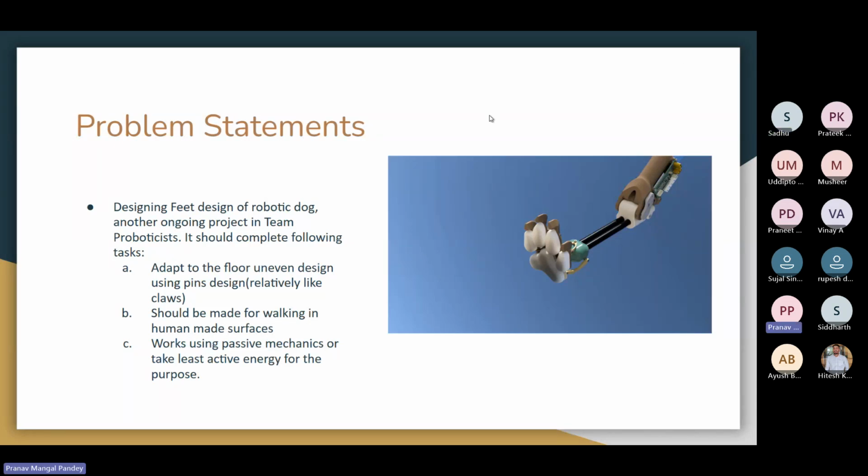About the normal spherical design with, let's say, less strength so that it can take the shape of the surrounding design. First thing, if you are using such material which is very loose, which takes the surface design, what will happen after a few cycles of walking?